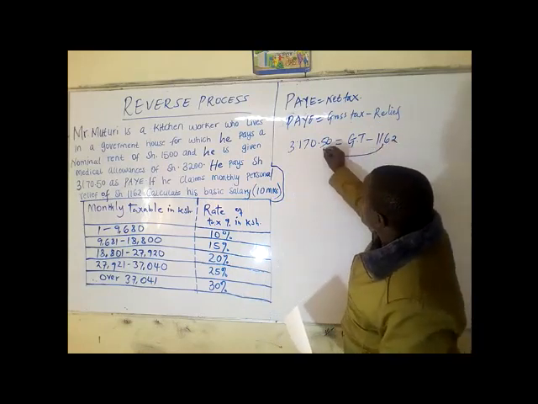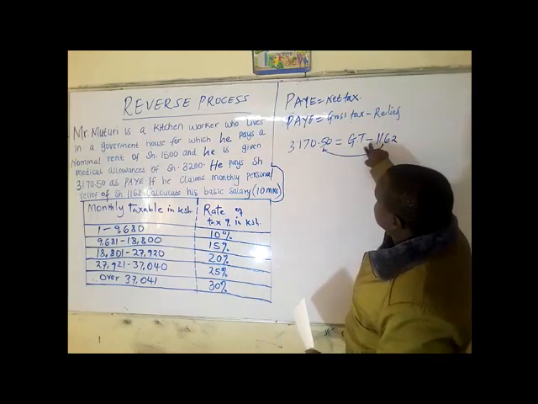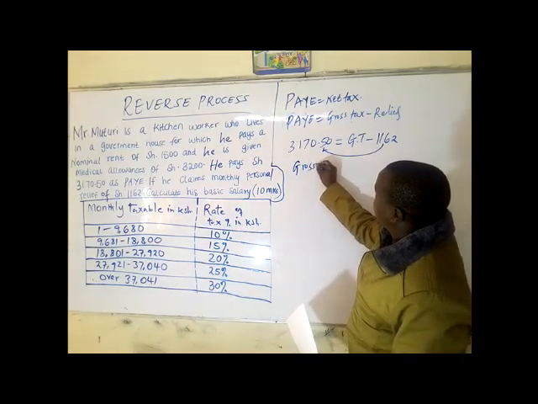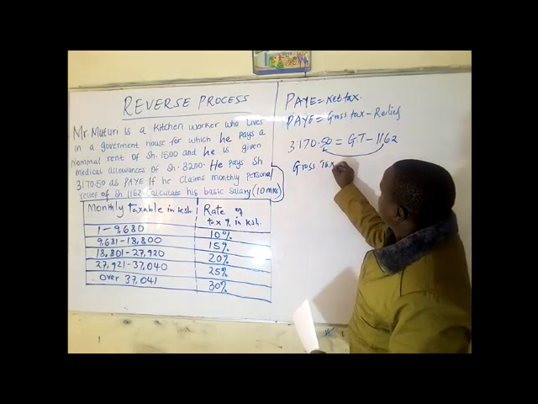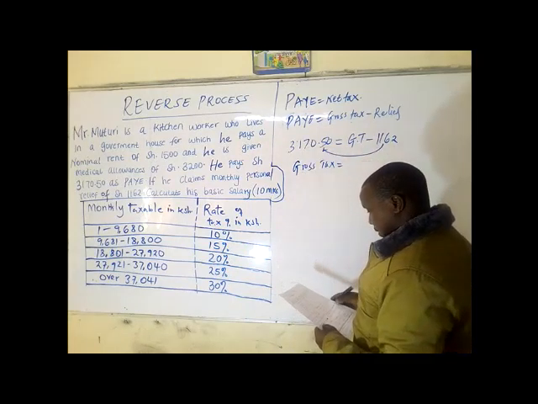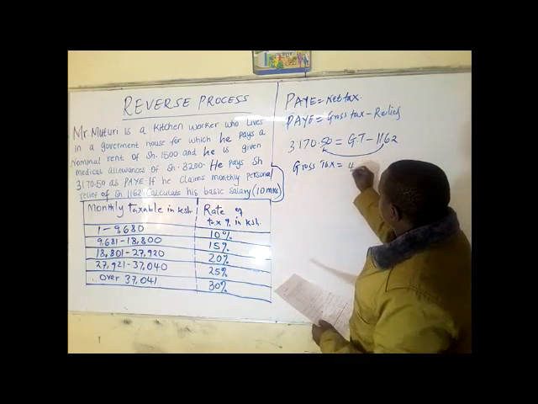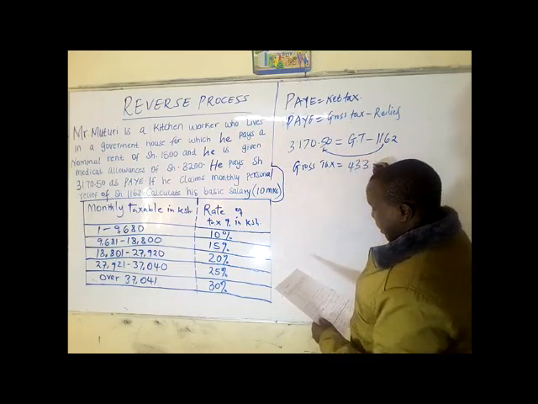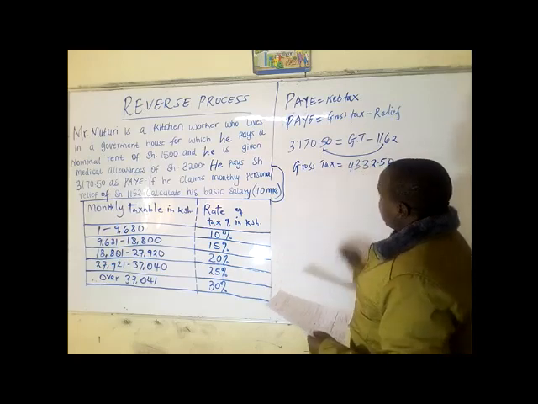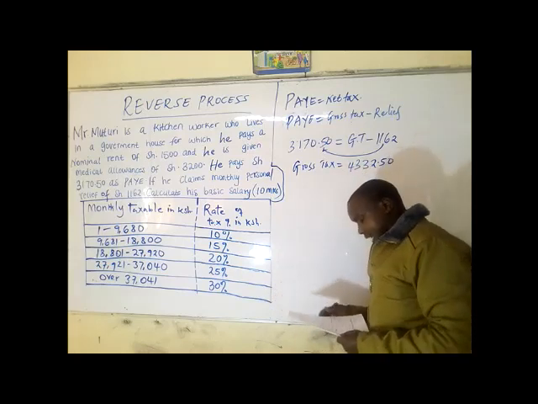We will take this one to this side. It is negative here, so we are going to add. Therefore, gross tax is equal to this plus this, and this gives us 4,332.50 Kenya shillings. So this is our gross tax.